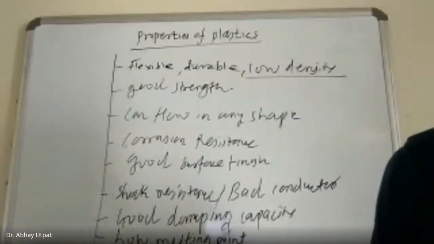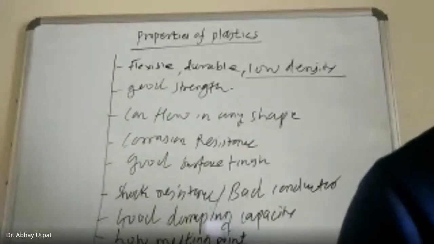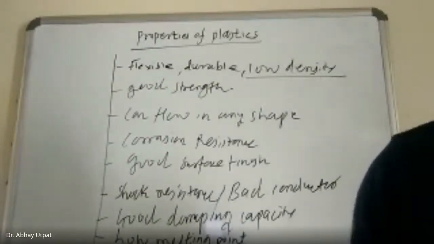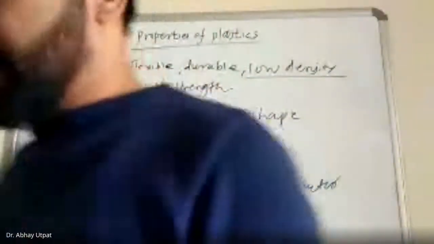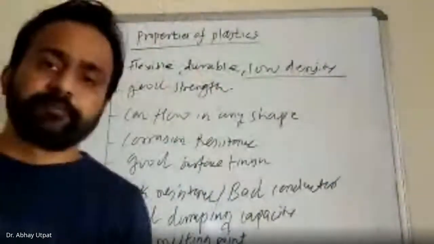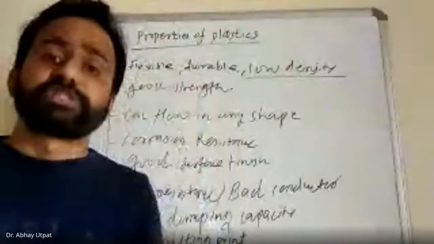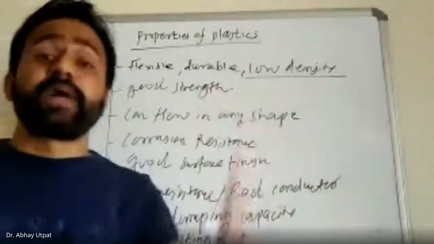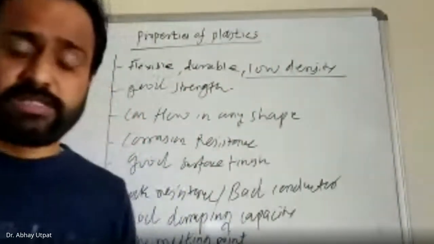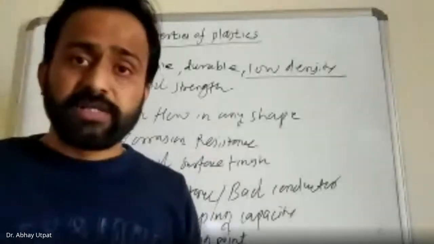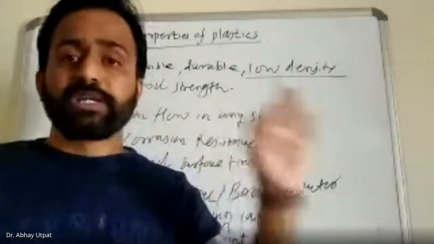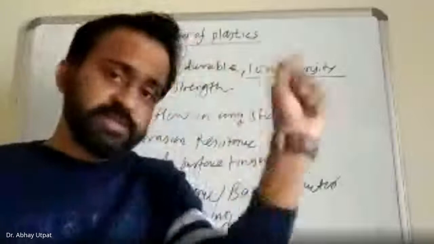Okay. Now, one important property I want to mention here, and that property carries good weightage as far as manufacturing of components is concerned in chapter 2. That property is low processing time. You can underline this property of plastic.